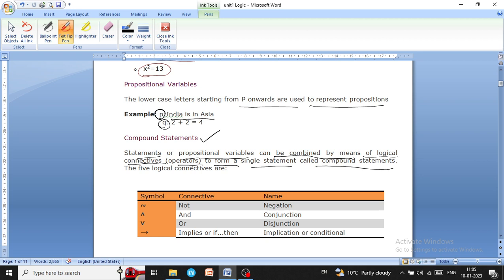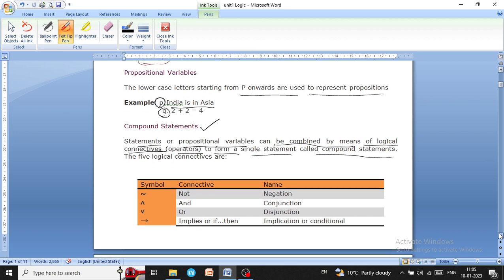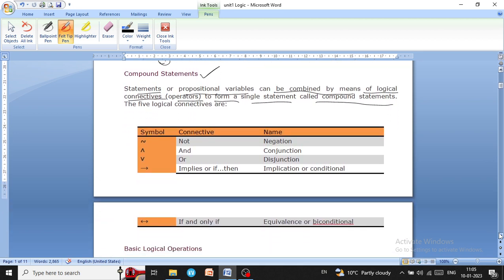There are 5 logical connectives. The first symbol is used for negation. This connective is known as not, and in mathematics its name is negation. The connective name is not, and the symbol is tilde.